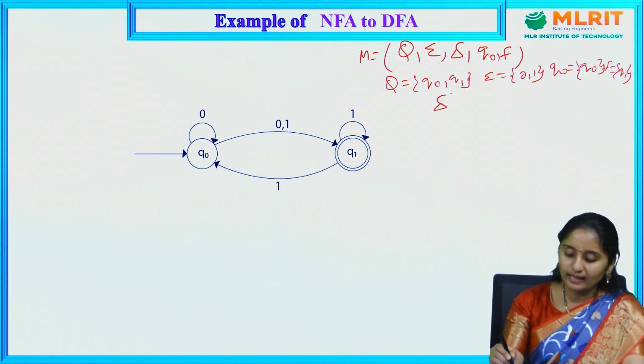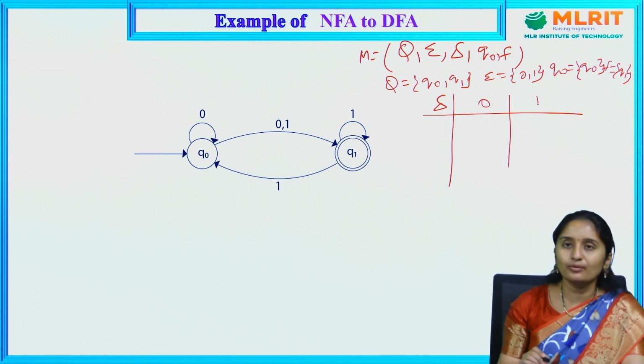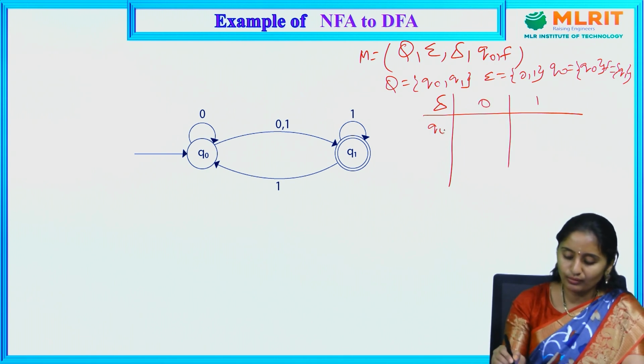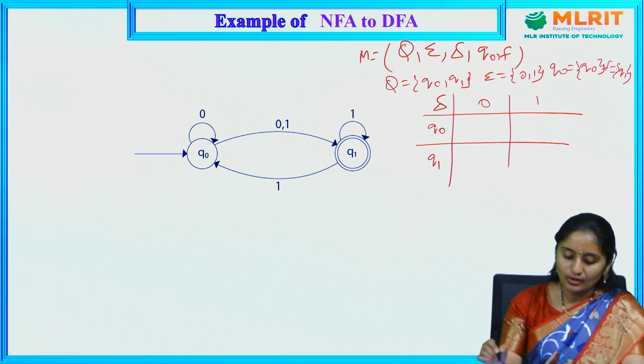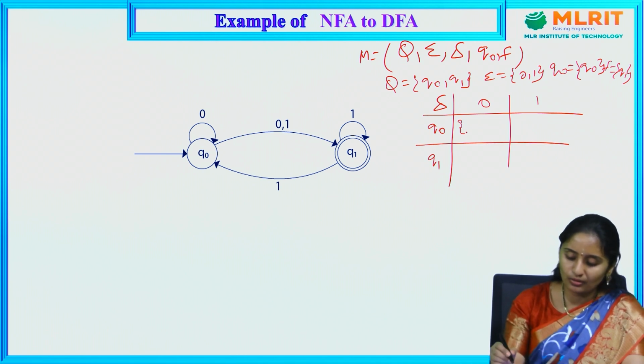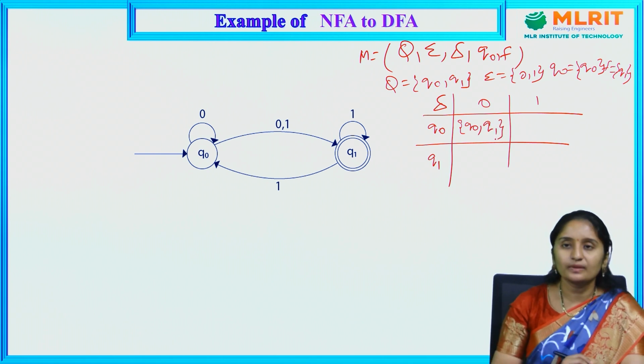Let me draw the transition table. Delta, with inputs 0 and 1, and states Q0 and Q1. Q0 on 0 goes to Q0, and it also goes to Q1.